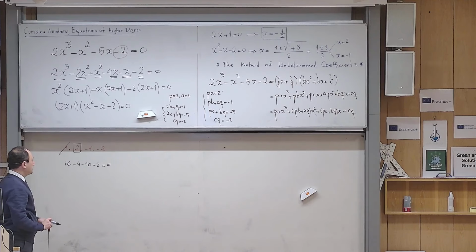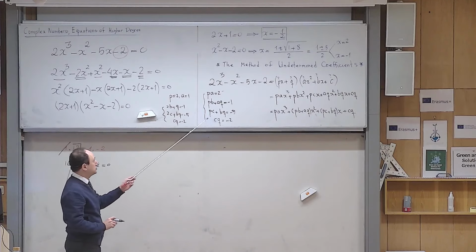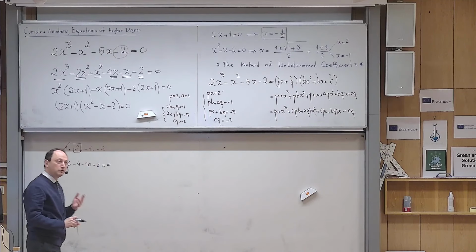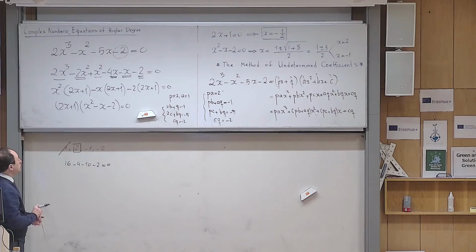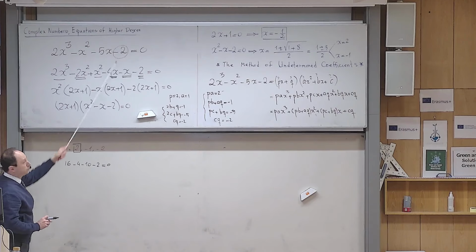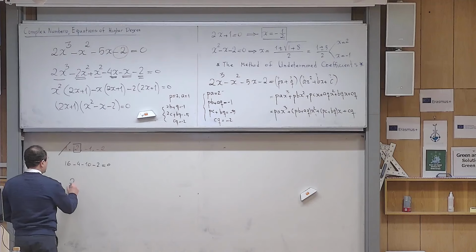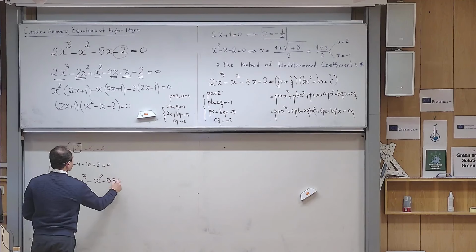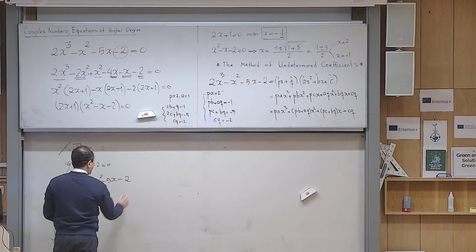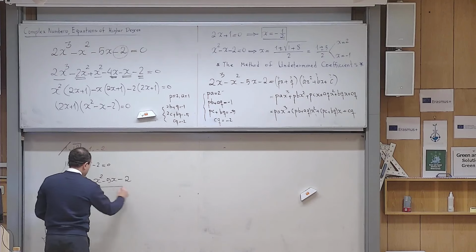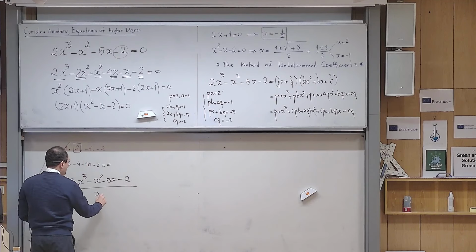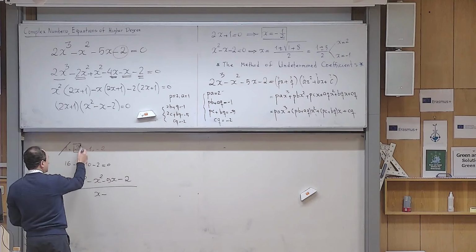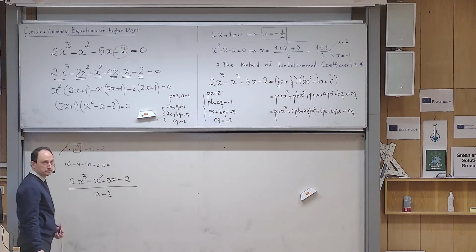Now what I wanted you to learn is the method of long division rather than undetermined coefficients, which could be a mess. The method of long division is what I am trying to teach you right now. You take your polynomial, 2x cubed minus x squared minus 5x minus 2, and divide it by x minus the number that you put in the box, 2.